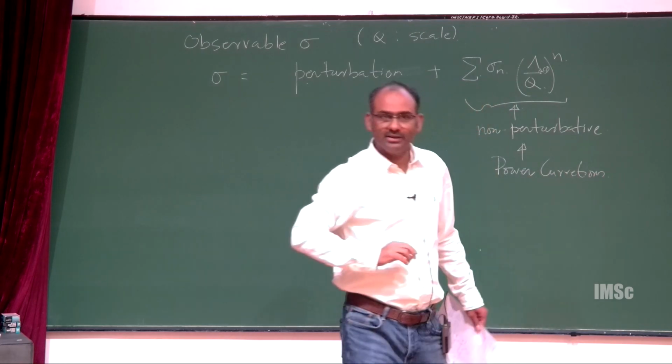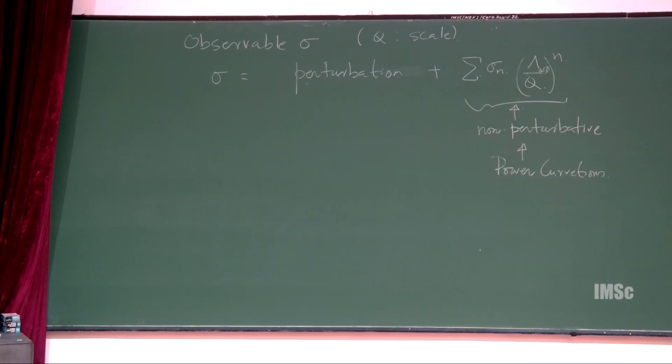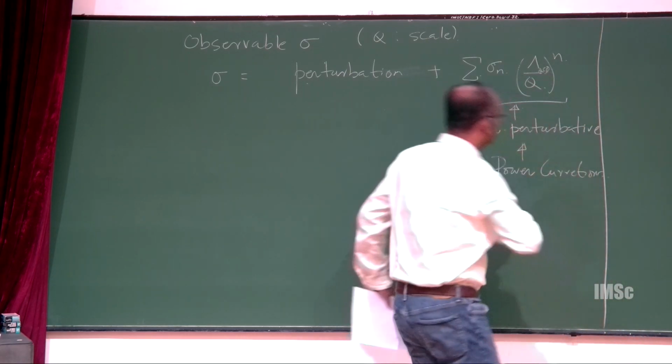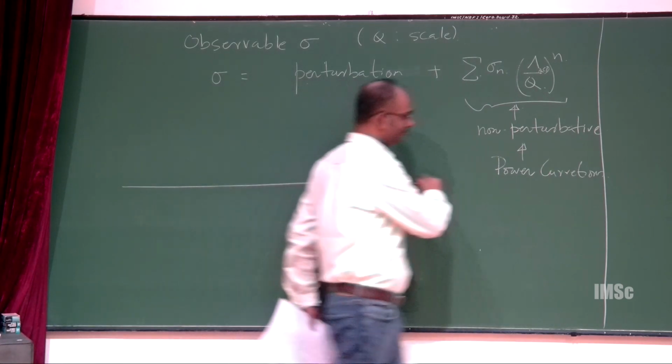And you would be interested in knowing what is the dominant power correction, whether it goes as lambda over Q or lambda over Q to the 4th. You can imagine if your scale Q in the problem is not very large, then these corrections could be sizable. So we have to keep in mind that this is what we are actually after.